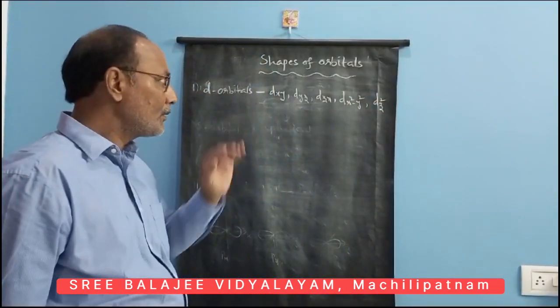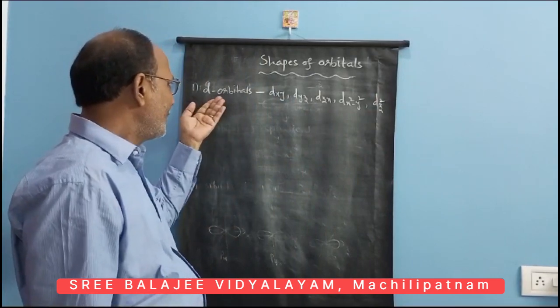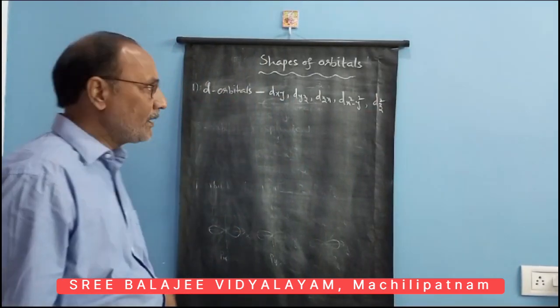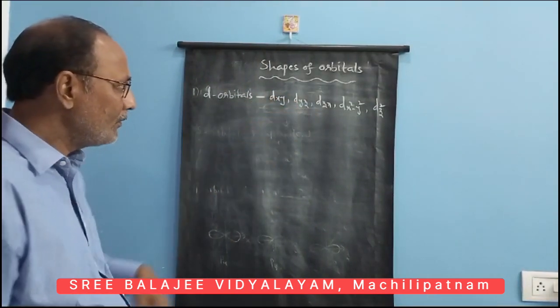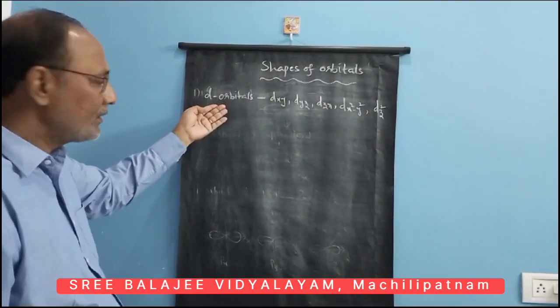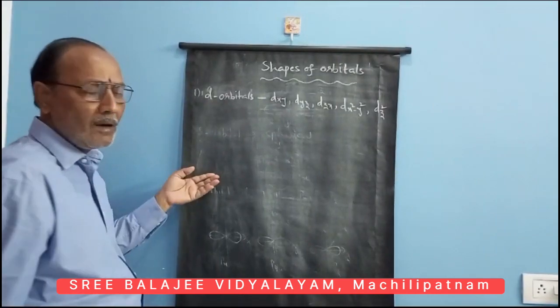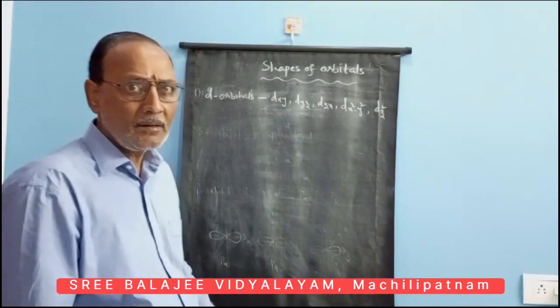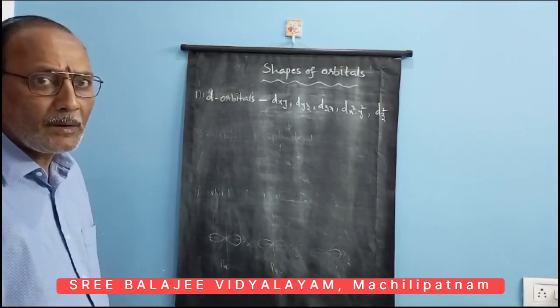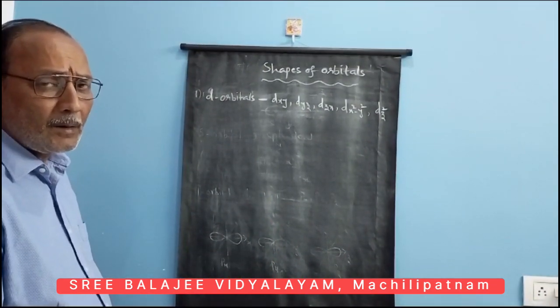So these five are called the d orbitals. Now I want to show you the shapes of these five degenerate orbitals of d. Degenerate means orbitals which have the same energy levels are called degenerate orbitals.